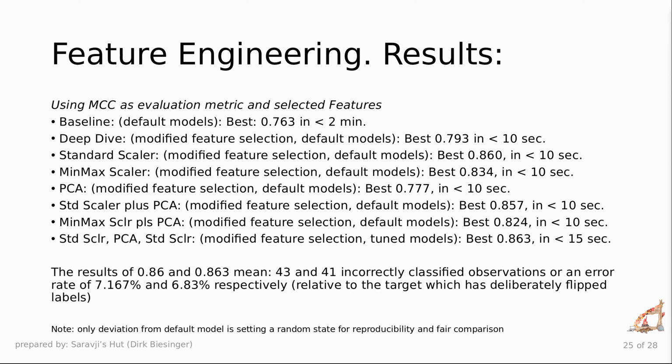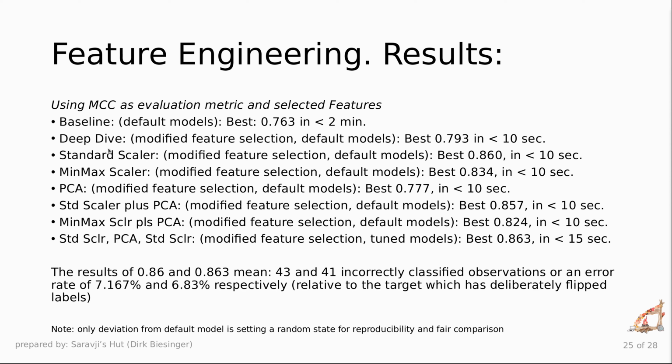So let's recap the results of feature engineering. We are using MCC as evaluation metric, and the baseline using default models, our MCC was about 0.76 in just shy of 2 minutes.